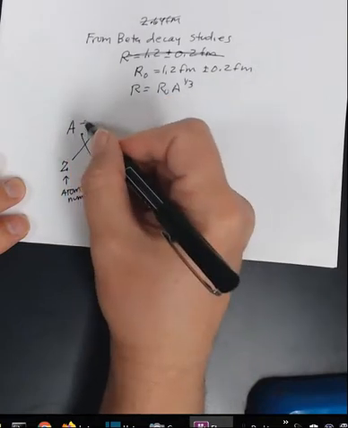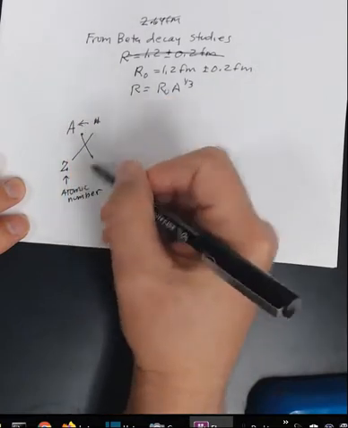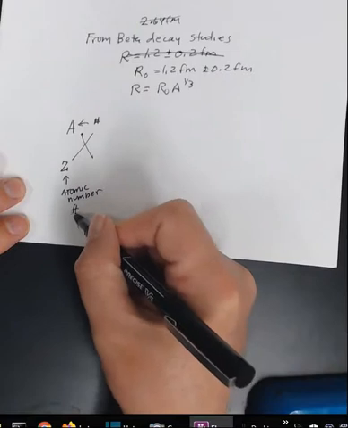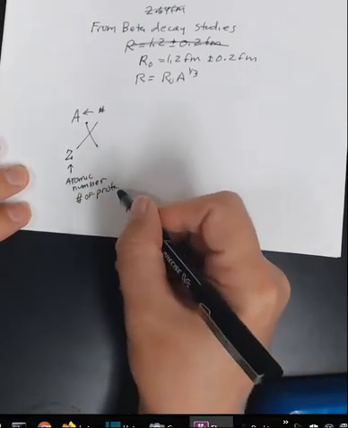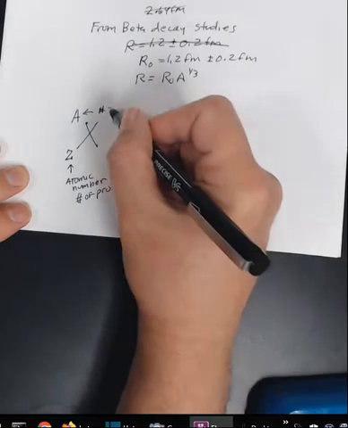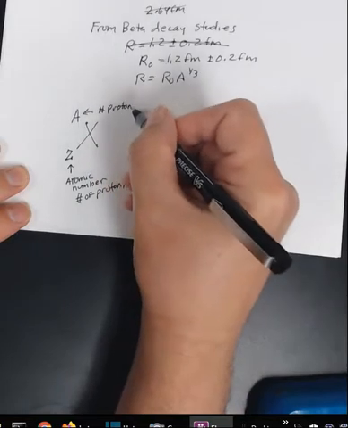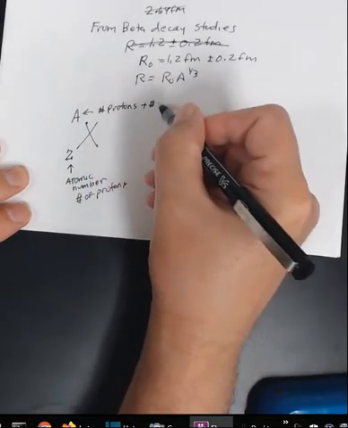The atomic number is the number of protons, and the mass number is the number of protons plus the number of neutrons.